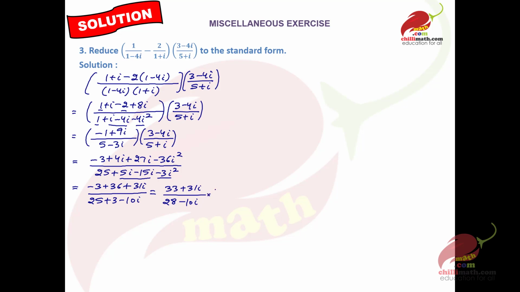So we will multiply and divide by the conjugate of the denominator, that is 28 plus 10 iota over 28 plus 10 iota.